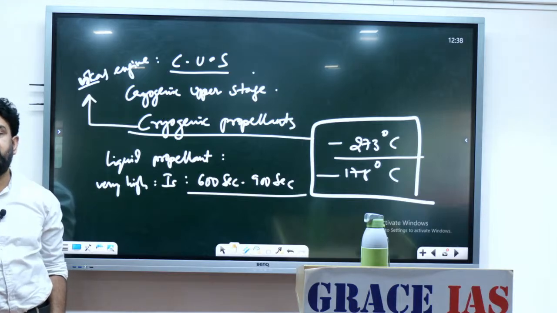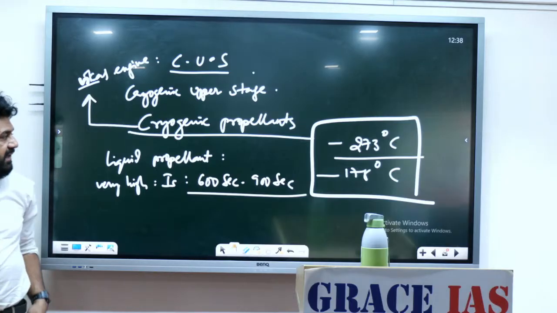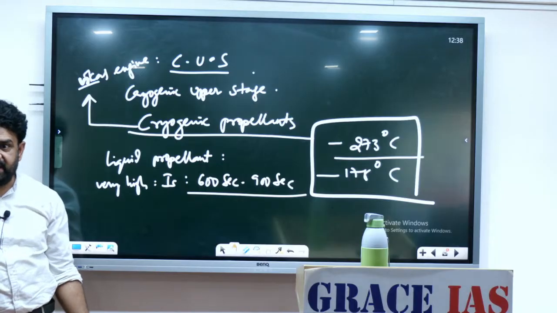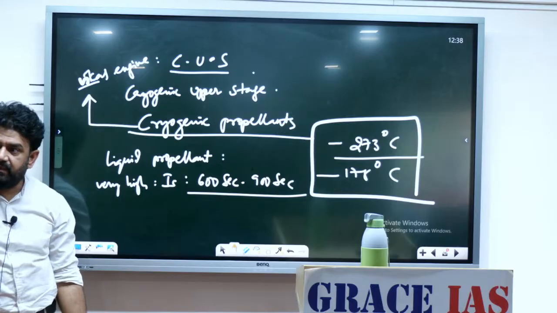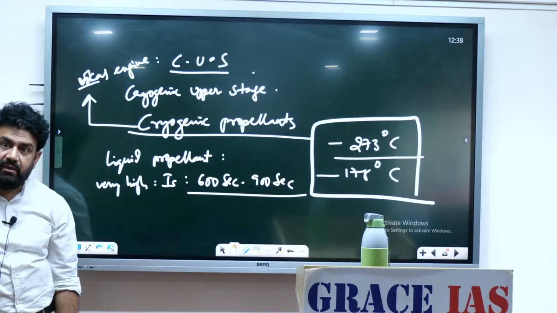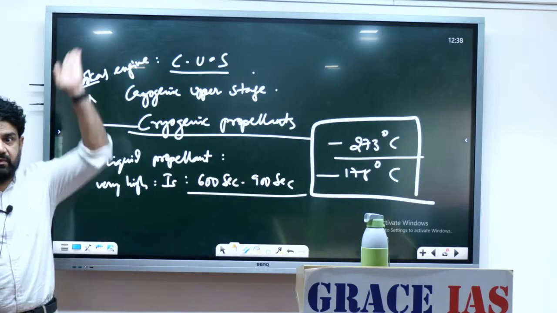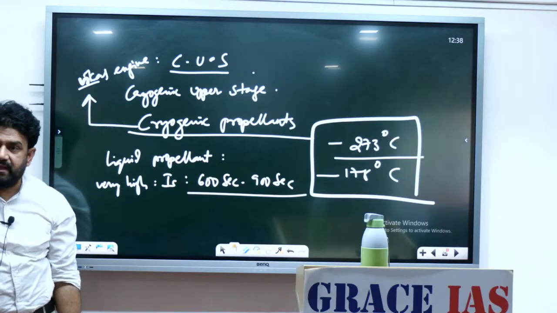They had their own apprehensions, because propellants can be used in many ways. For missiles also we can use propellants, yes or no? For example, solid propellants are used for missiles. It can carry heavier payload to longer distances. Intercontinental missiles enter outer space and re-enter and destroy a target, yes or no?